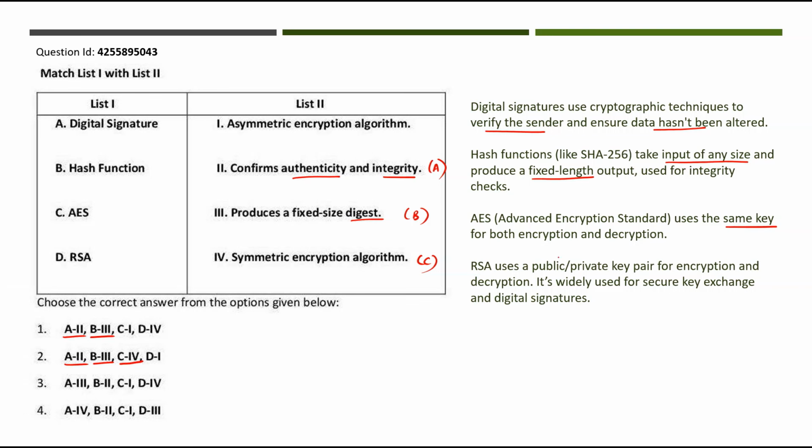So there are 2 keys involved here. RSA uses a public-private key pair for encryption and decryption. It is widely used for secure key exchange and digital signatures. So RSA comes under asymmetric encryption algorithm. D will be mapping to 1. D1 is also available only in 1 option. Option number 2 will be the right answer. So with this we are completing Unit 9 questions.